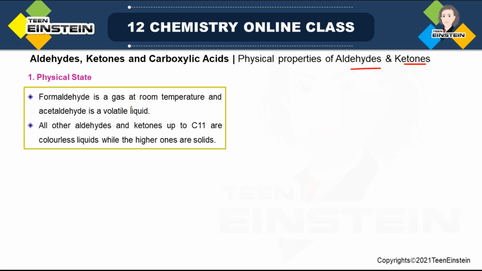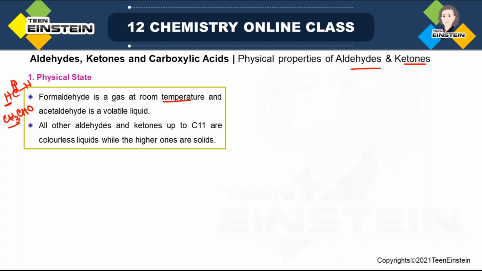Formaldehyde, HCHO, the simplest aldehyde, is a gas at room temperature, and acetaldehyde, CH3CHO, is a volatile liquid. Now formaldehyde is the first member. If you replace this H with methyl, it will be the second member, acetaldehyde. Now starting from number 3, 4, 5, all the other aldehydes and ketones up to C11, that is, a total of 11 carbons, are colorless liquids.